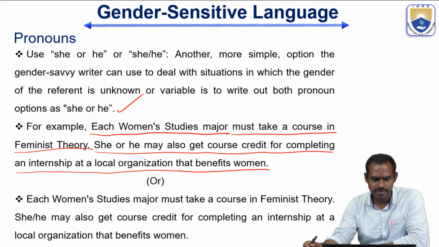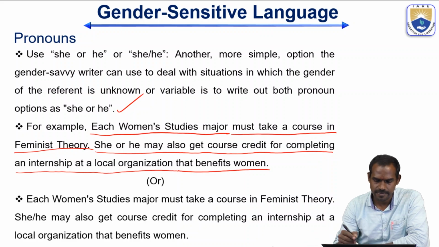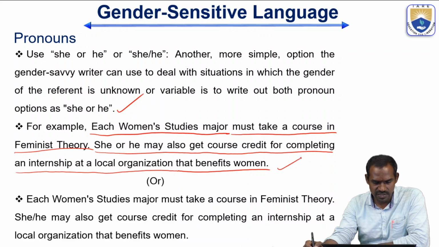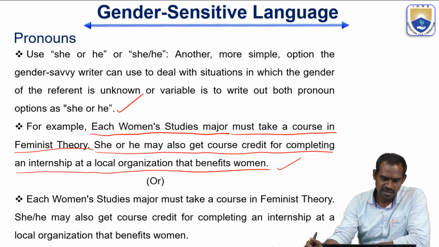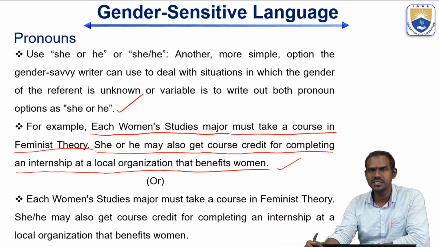She or he may also get course credit for completing an internship at a local organization that benefits women. And one more example, how you can write this. The same sentence you can write in a different way. Each women's studies major must take a course in feminist theory.